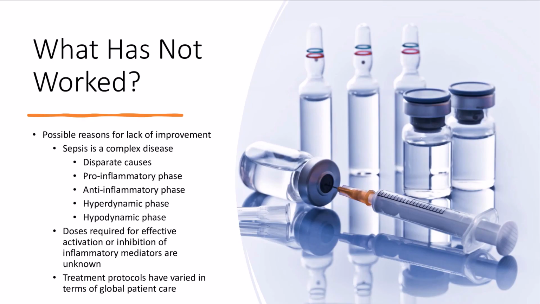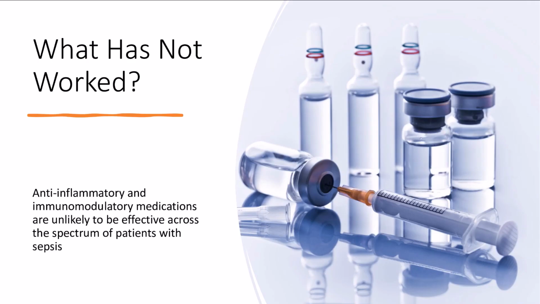And the treatment protocols have varied in terms of global patient care. So in some trials where signaling molecule blockers have been used, or inhibitors or agonist molecules, the remainder of patient care has varied quite significantly, and this may have blunted some of the response that we see from these clinical trials.